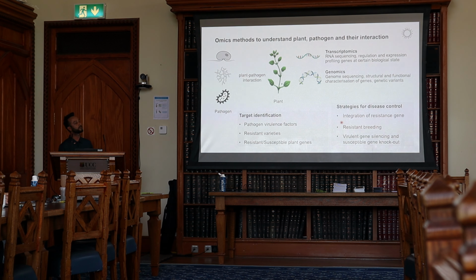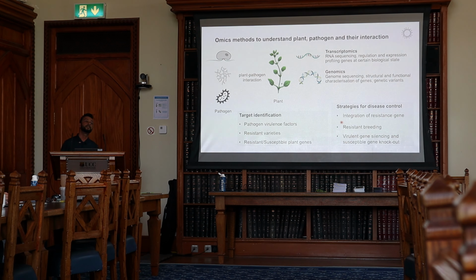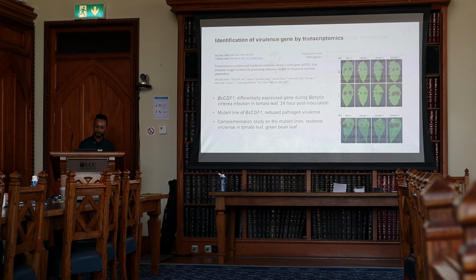We can use this information to develop strategies, for example, integrating the resistant gene into the susceptible plant, using the resistant gene for resistance breeding, also silencing the virulence gene of the pathogen or knocking out the susceptible gene from the plant side. And this helps to control plant disease in the field.